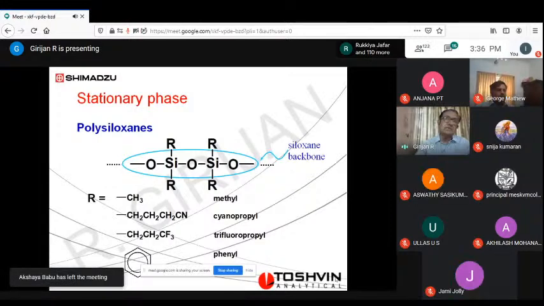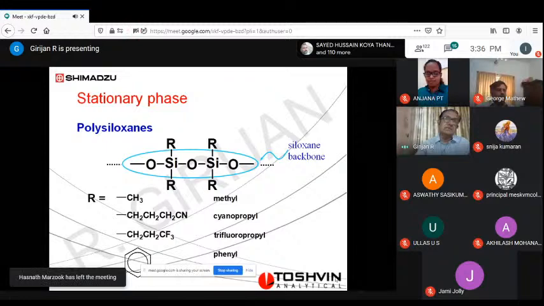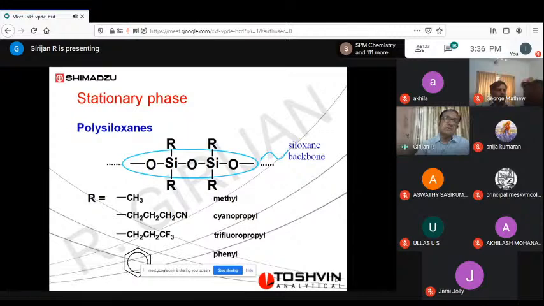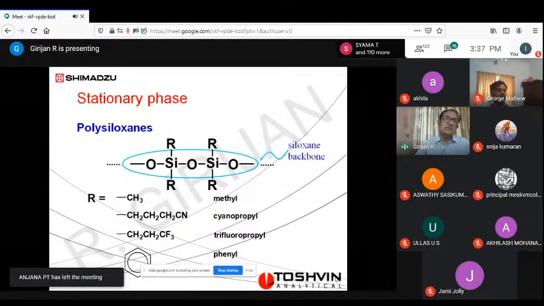Then if R is equal to a cyanopropyl group, CH2, it becomes polar in nature because polarity is introduced because of the cyano group, and the column becomes a medium polar column. There are different types of columns coming under this cyanopropyl column. Then if it is trifluoropropyl, CH2CF3, again a highly polar column. I can put R as a phenyl group.